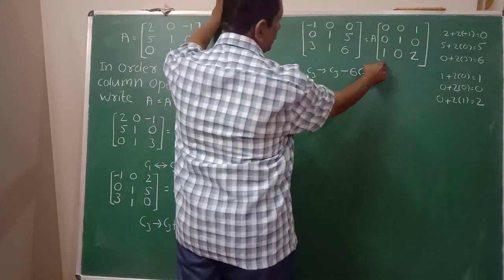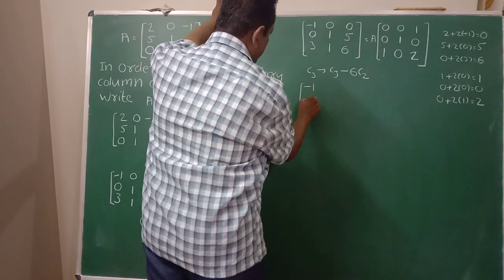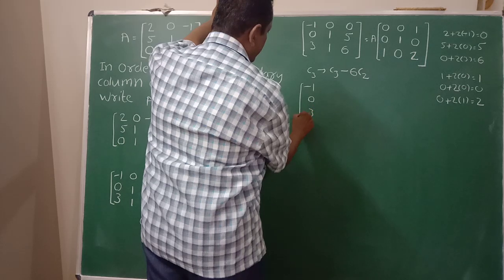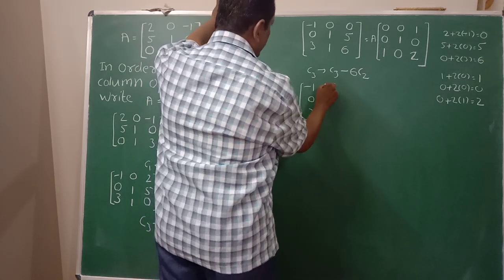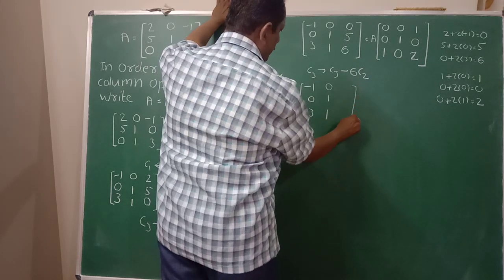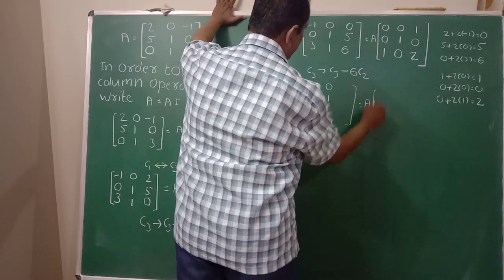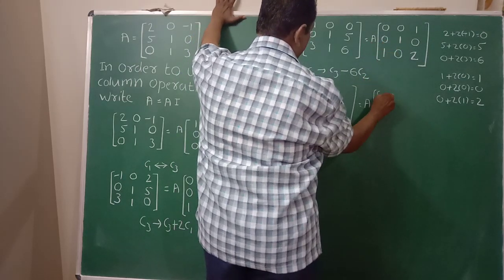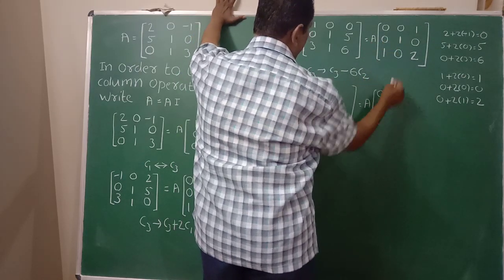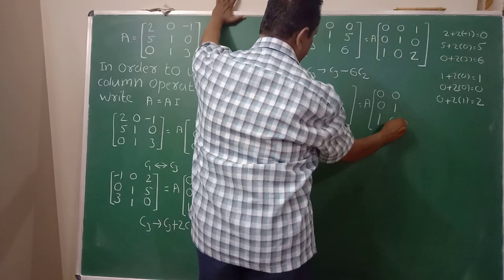First two columns are written as they are. So minus 1, 0 and 3. Then 0, 1 and 1 is equal to A into the matrix 0, 0, 1 here. 0, 0, 1, 0, 1, 0. So 0, 1, 0 right here.